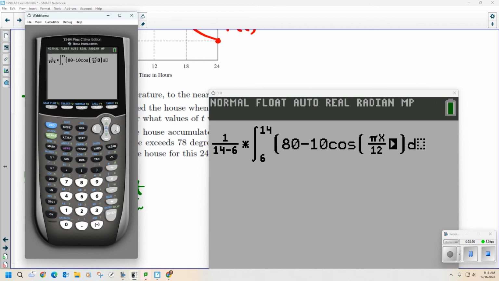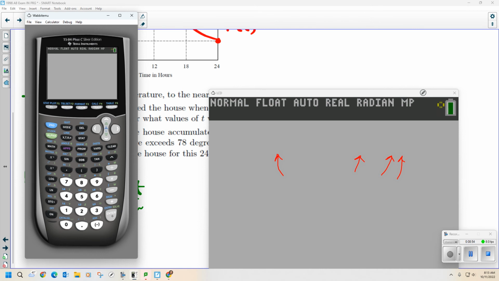And make sure we close out this parenthesis. The current ending parenthesis matches this one, so I need one to match this one right here. So let's close that down. Bam. Then x, and hit enter.